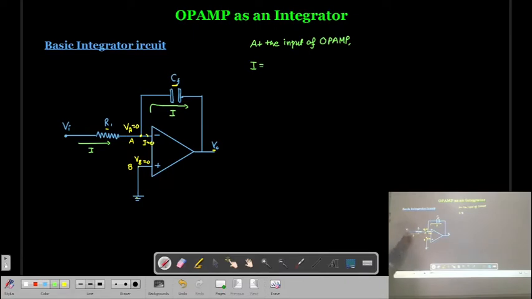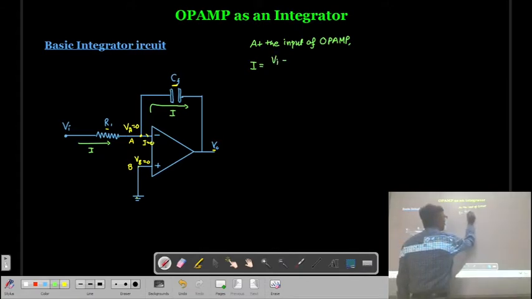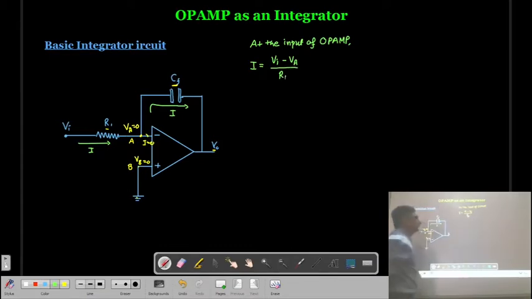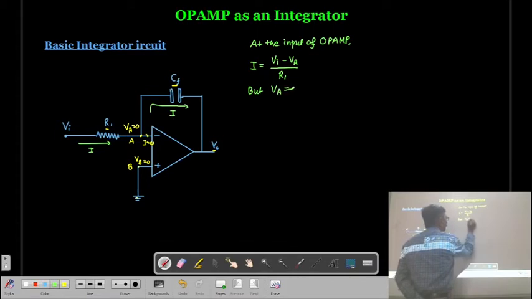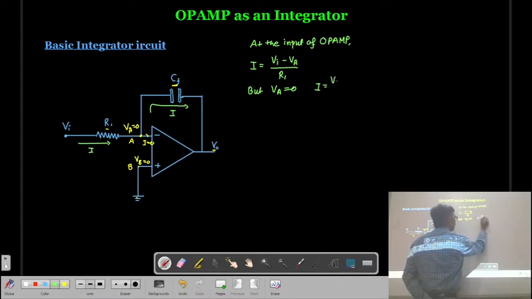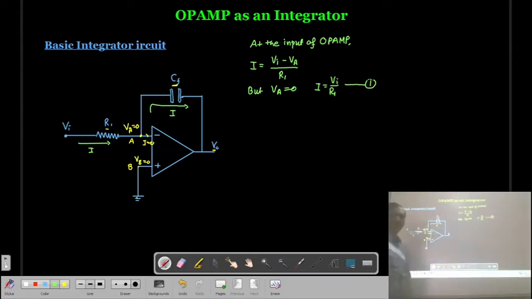That is VI minus VA, divided by the resistance R1. But you already know that the potential VA is 0. So we can write the current I is equal to VI by R1. That is expression number 1, the current flowing through the resistance R1.